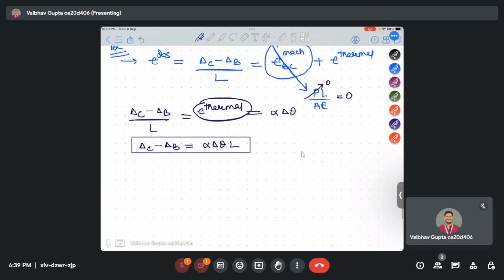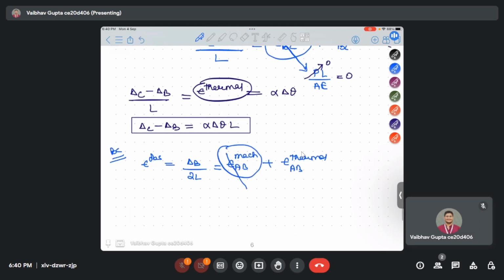Okay. Now we go to AB. In AB, epsilon observed is change in length by original length, which is delta B by 2L, which is equal to epsilon AB mechanical plus epsilon thermal. Here also epsilon mechanical is nothing but P into 2L by 2A into E. But since P is again 0 here as we didn't apply any force, epsilon mechanical becomes 0 in this case.